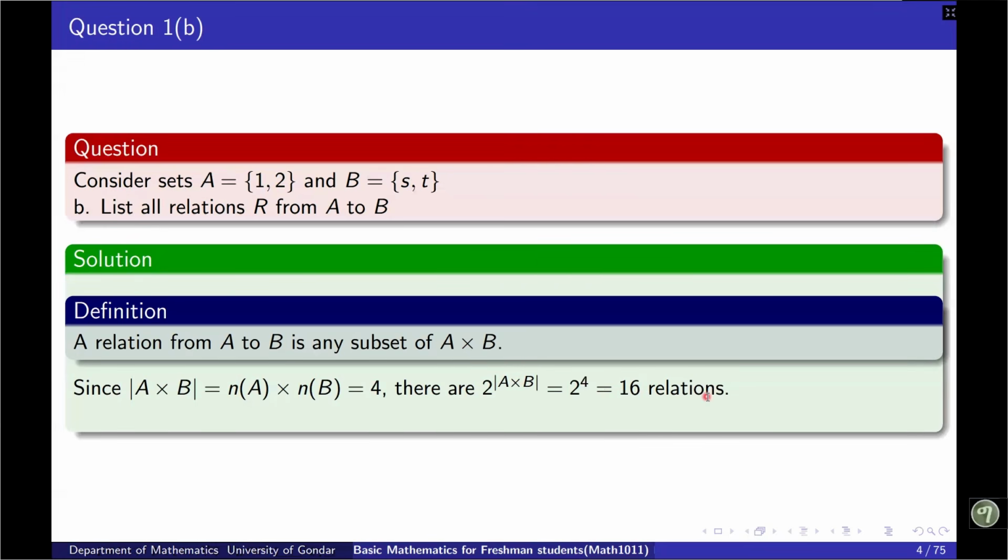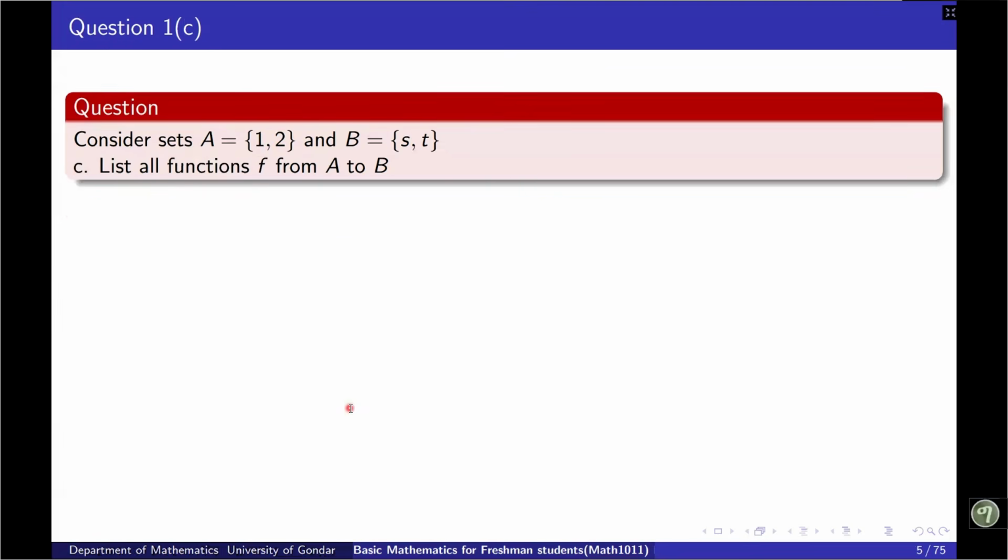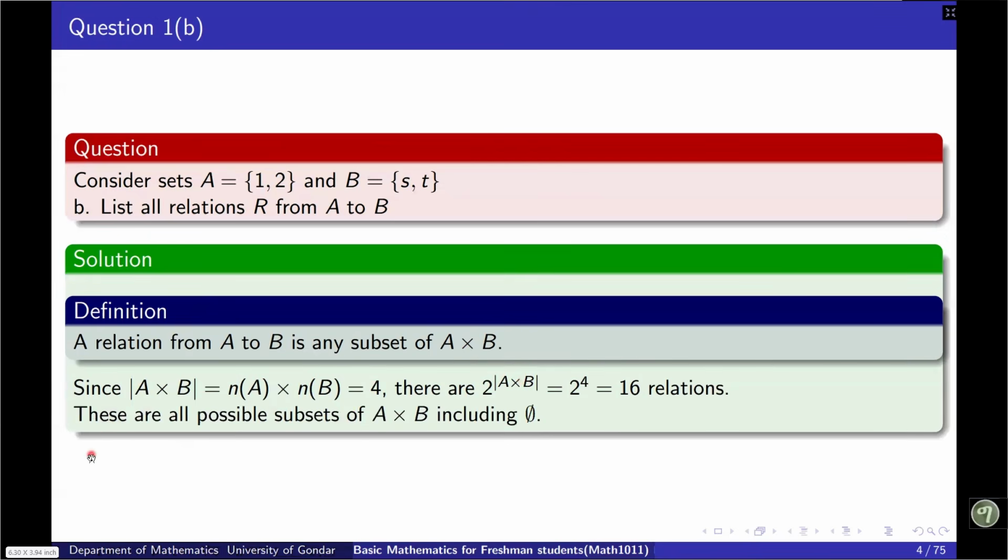So we can have 16 relations that can be constructed from A into B whenever A and B have two elements each. These are the possible subsets of A cross B, including the empty set, because the empty set is also a subset of any set.